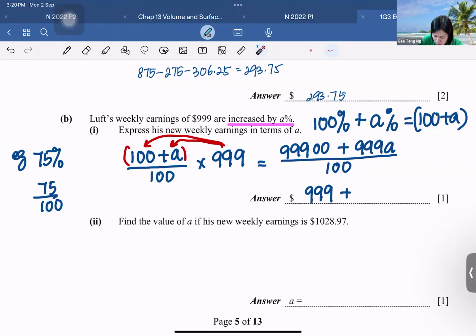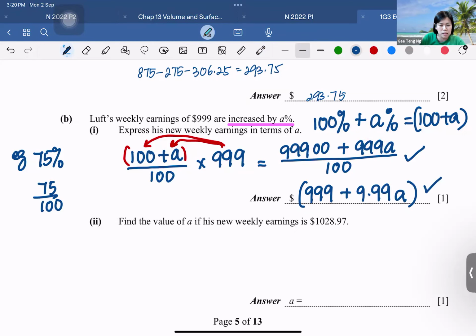This one will give me 129.99. I personally prefer this one, but maybe some of you write this. I'll still accept. Both answers are correct. They never say must leave it in terms of decimal places, so I'll still leave it in fraction.